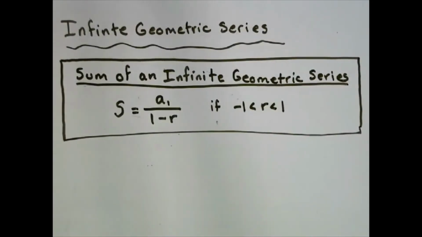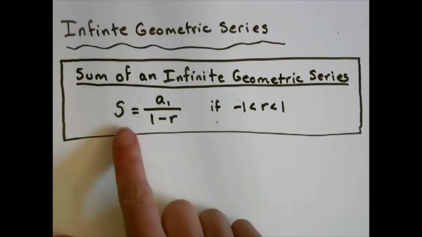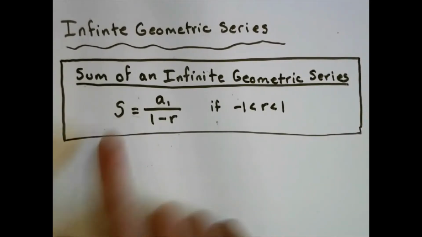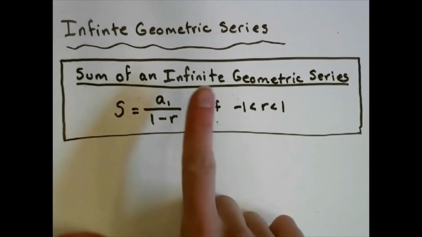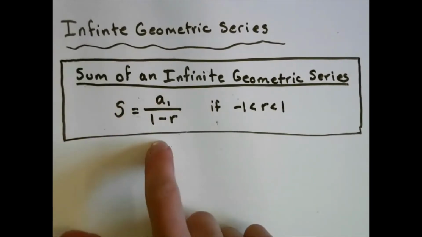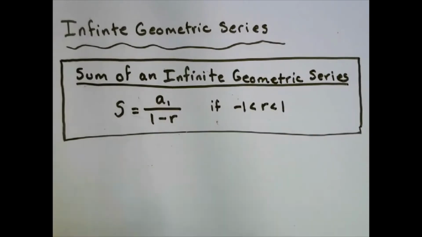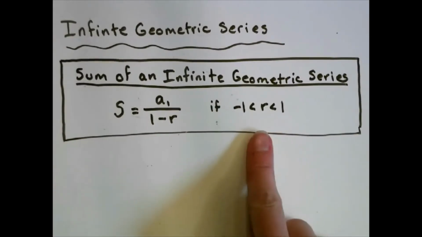So the bottom line is the sum of an infinite geometric series, S, and notice that we no longer have an n here because I'm not adding a specific number of terms, I'm adding an infinite number of terms. So the sum of an infinite geometric series is a1 over 1 minus r, super simple little formula, if and only if the common ratio is between -1 and 1.